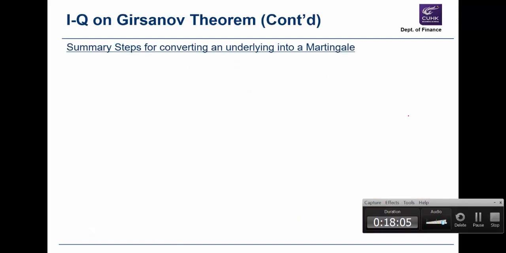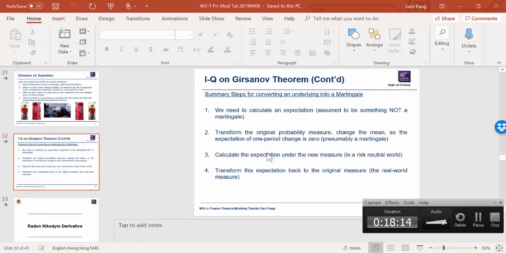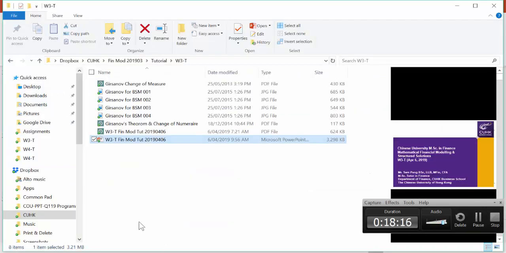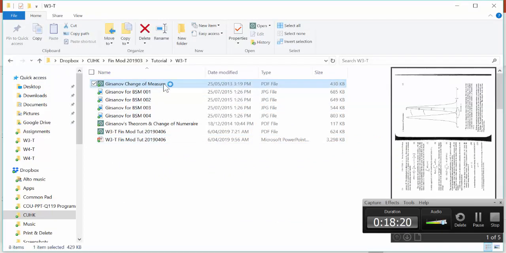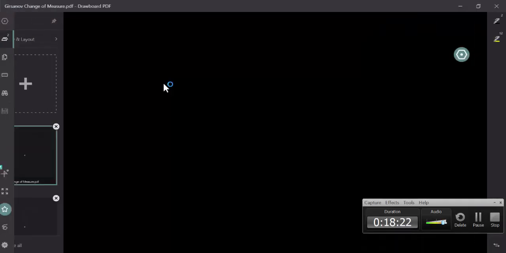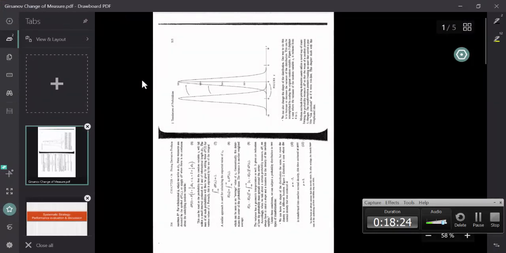The summary steps for Girsanov's theorem, maybe I introduce this slide later, but last week, I think I gave you this page. Oh no, I need to turn that.